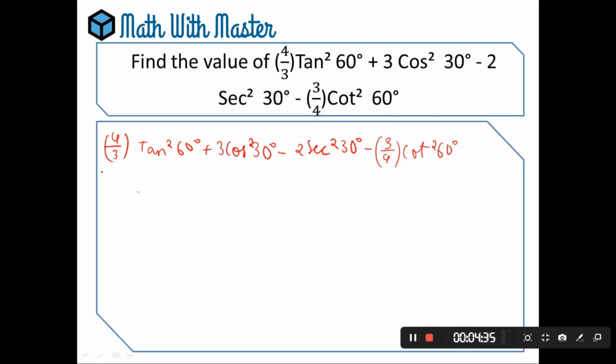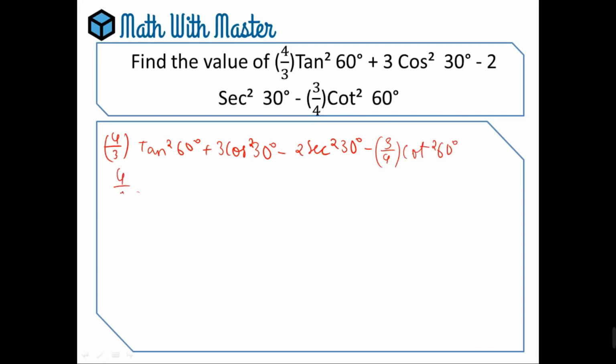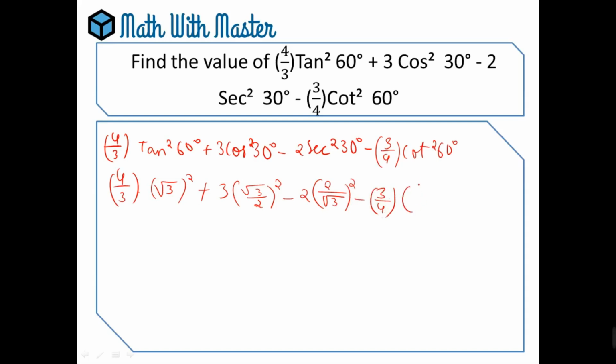The value of tan 60 degrees is root 3, and whole square, because tan 60 degrees has the square, plus 3 times cos 30 degrees, which is root 3 by 2, whole square, minus 2 times sec 30 degrees, which is 2 by root 3, whole square, minus 3 by 4 times cot 60 degrees, which is 1 by root 3, and whole square.